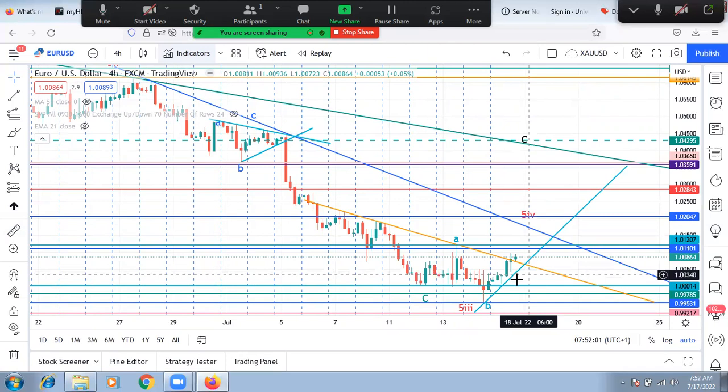And sorry, not a new low. I don't expect price to push below here. Probably price may come down a bit, or may even just continue to go up. But I don't expect price to break this low for now. Price will just go up, probably touch here and come down once more.